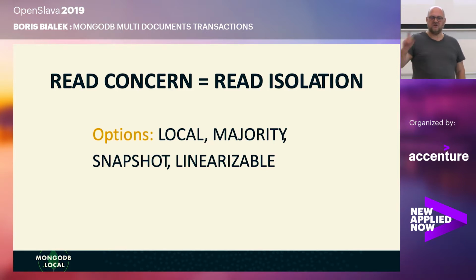But the key thing is local, majority, snapshot are exactly what they say. Local read means you only go whatever is local and you just believe it. Complete unconditional read. It may be the latest, may not be the latest, but you really don't care. You take whatever is the next node and take the data out. Then comes majority.